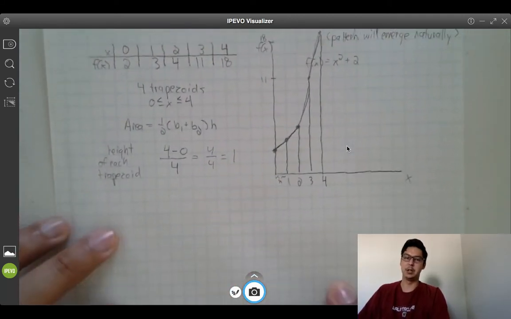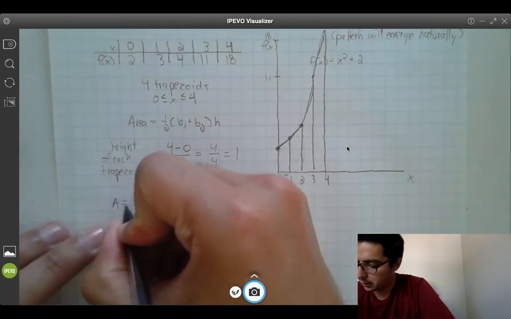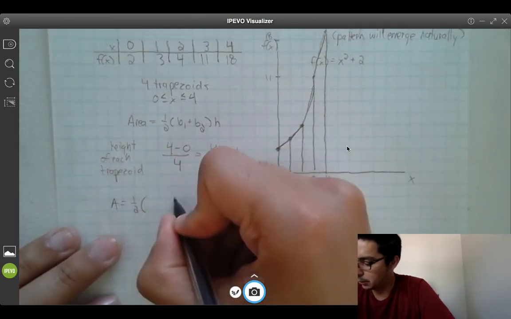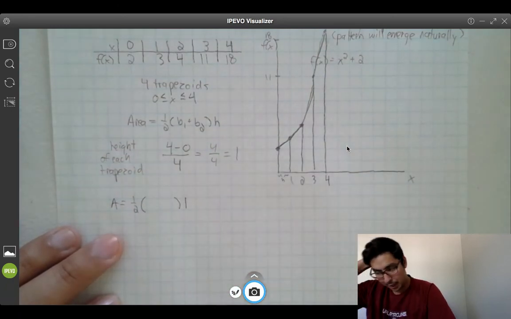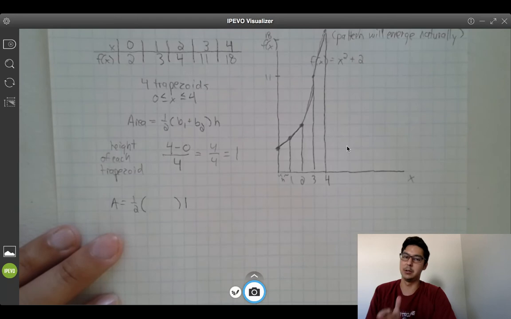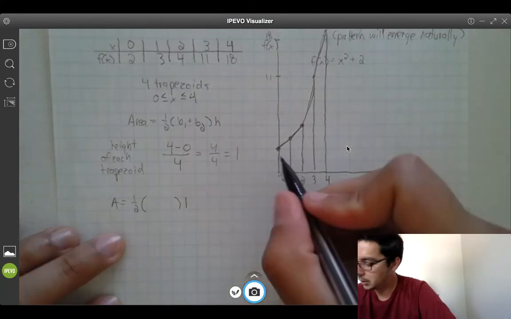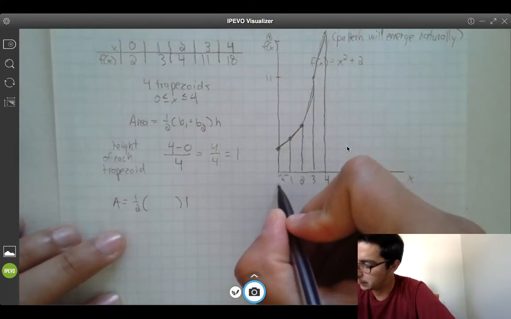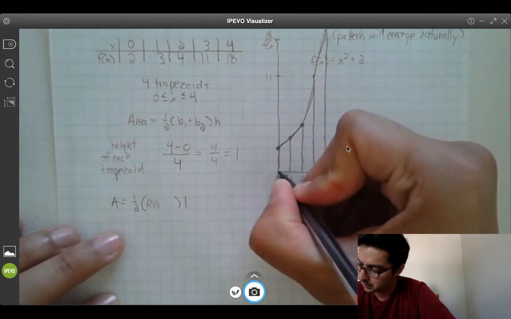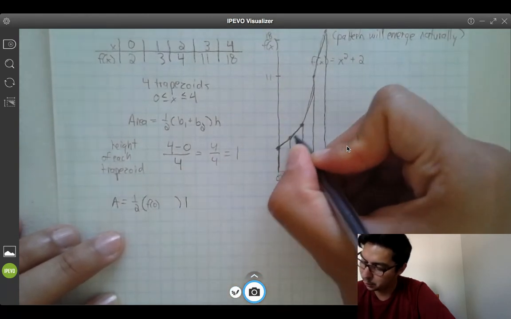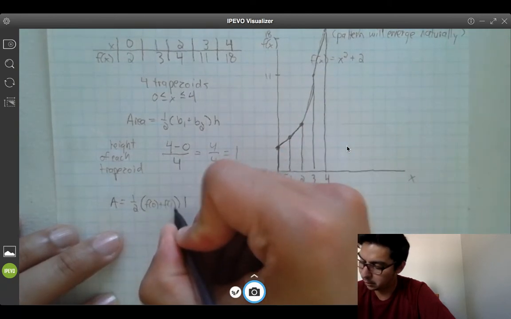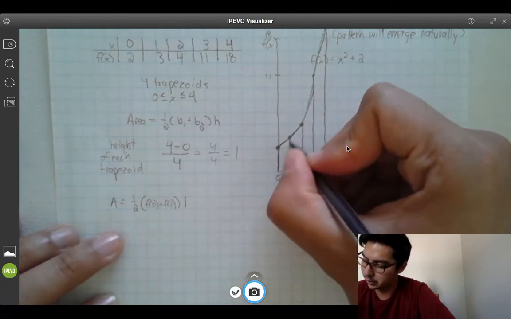So if I was to write area, it'd be area is 1/2 times base 1 plus base 2 times 1. Now I'm going to write this out for the purposes that I want you to see a pattern because that's how the summation will come to be. So base 1 is f of 0. So that's this distance here, which is the value of the function f at 0, plus f of 1, which is the value of the function at 1.